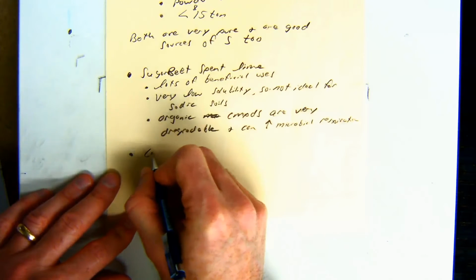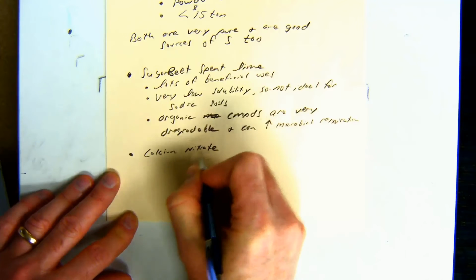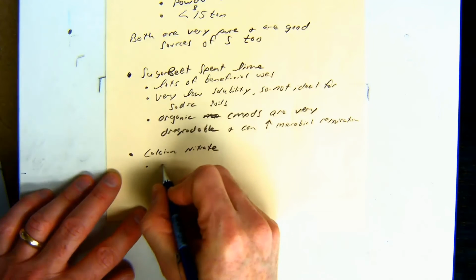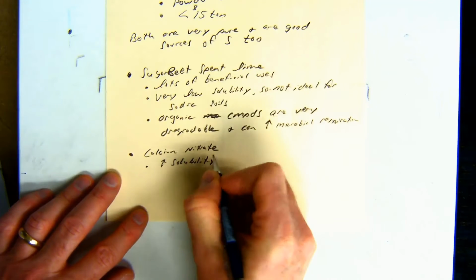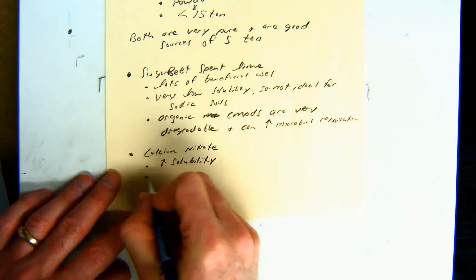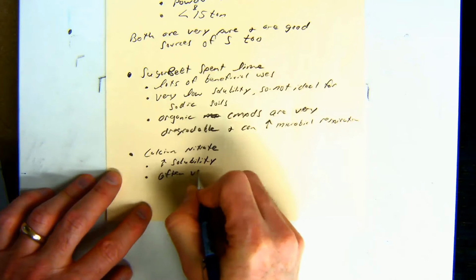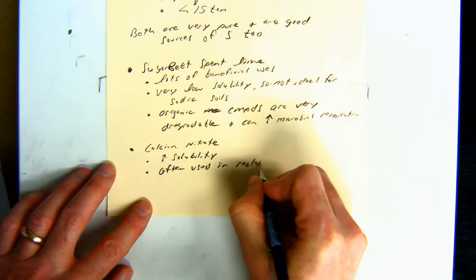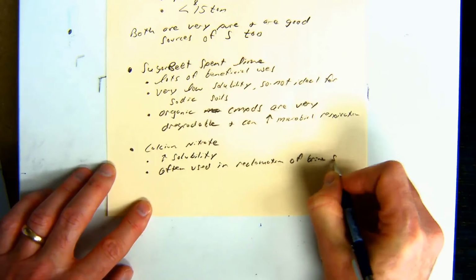So calcium nitrate. We will never use this in production ag, but it does have a very, very high solubility. And it's often used in reclamation of brine spills.